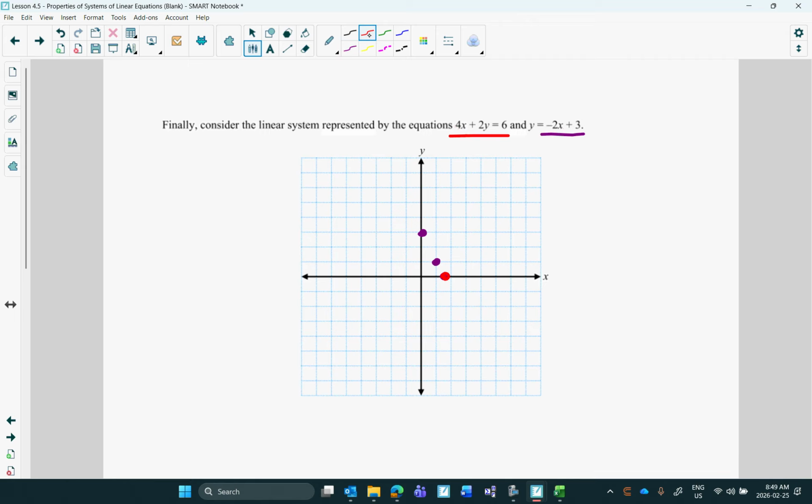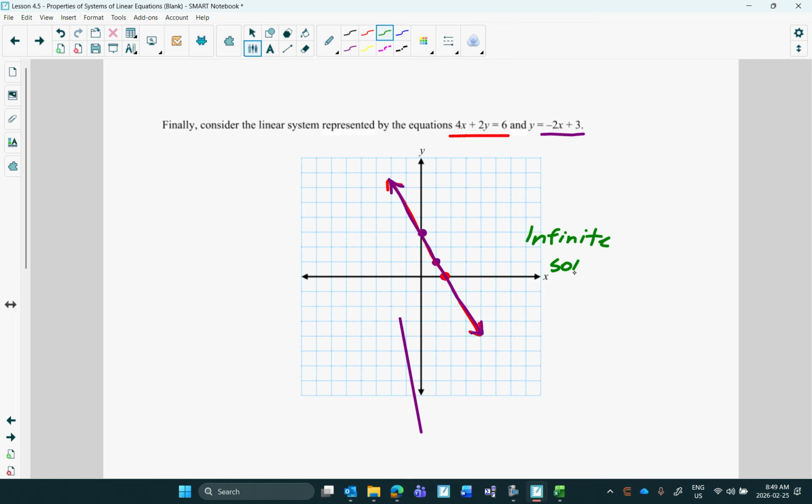So when I grab the red one, I got that. When I grab the purple one, it's right on top of it. How many solutions? Infinite. Because where do they cross? Everywhere.